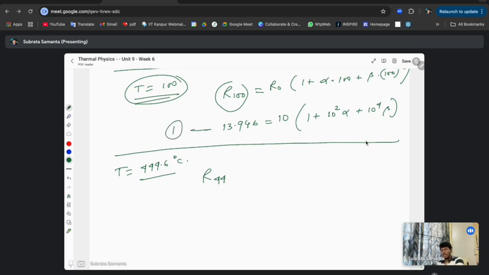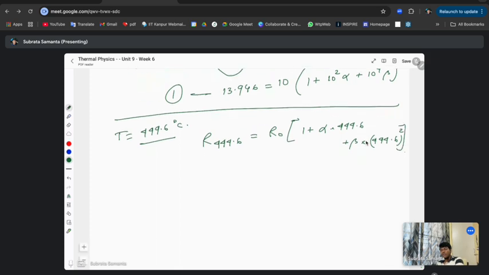The second one is R444.6 equals R0 times (1 plus alpha times 444.6 plus beta times 444.6 squared).